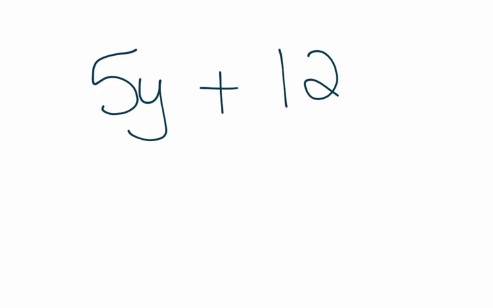So I want you to think for yourself for a minute and try to label 5y plus 12. I want you to write it in your notes, and I want you to tell me what 5 is, what y is, and what 12 is. So hopefully you've paused the video and you've already answered this question. 5, you should have said, was the coefficient.